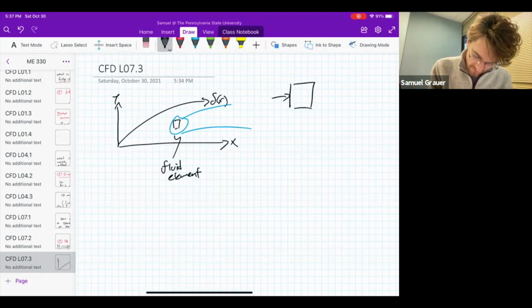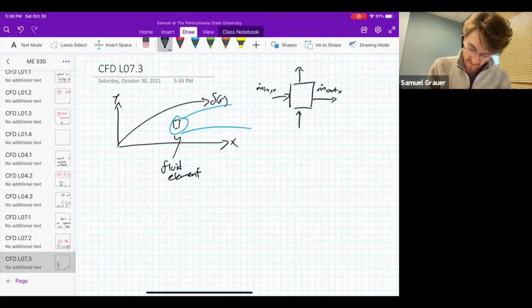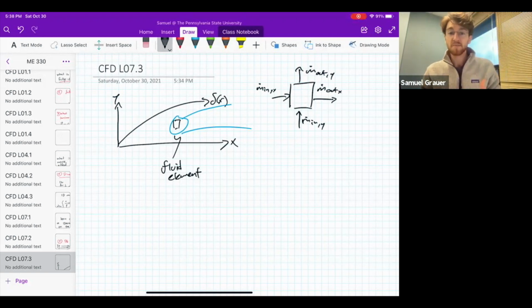So we have m dot in x, m dot out x. But we also have mass coming in and out vertically. So we have m dot in y and m dot out y. And so for the mass balance, we want to specify all of these terms and then add them all up and say that all of this has to balance out, and it should all be zero.